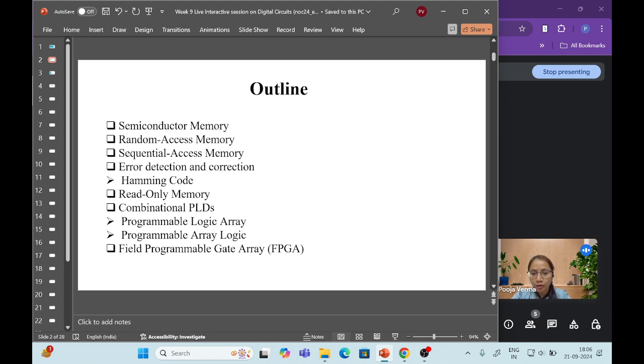The outline for this week's content is: first, semiconductor memories, random access memories and sequential access memories; then error detection and correction, in which they discussed Hamming code; read-only memories and combinational PLDs, programmable logic array and programmable array logic; some memories such as ROM, EPROM, EEPROM; and in the last, field programmable gate array, FPGA, has been discussed.